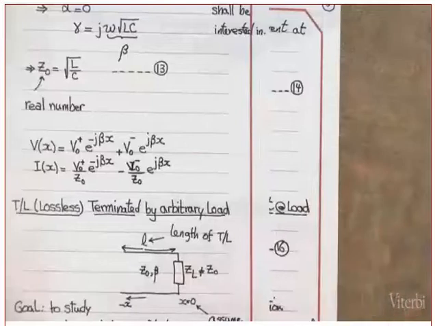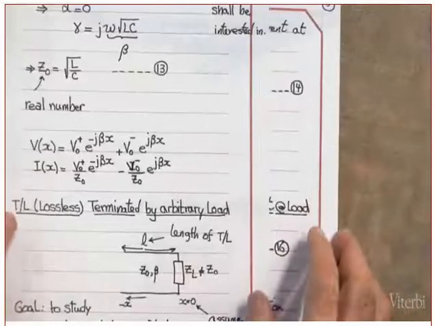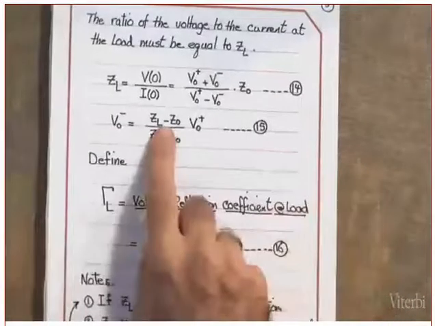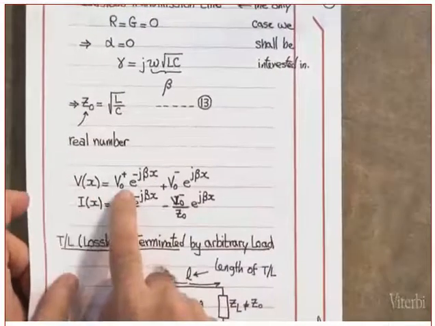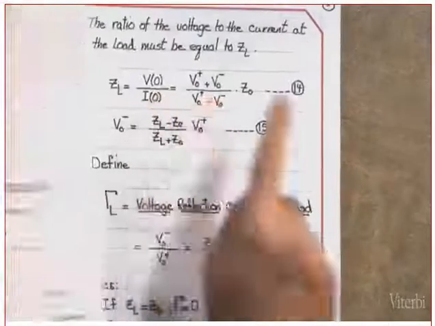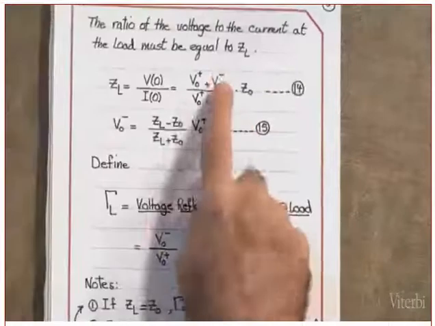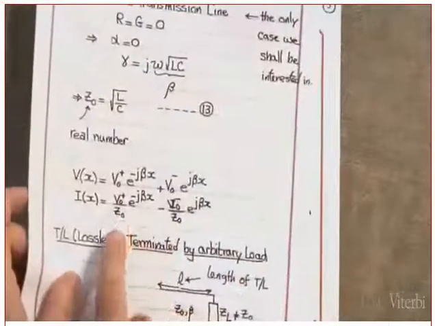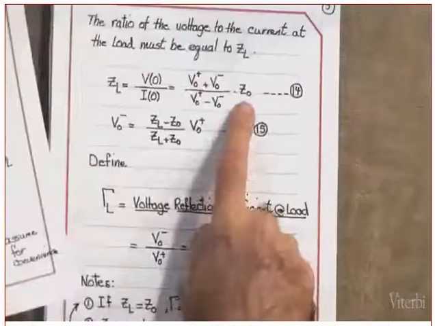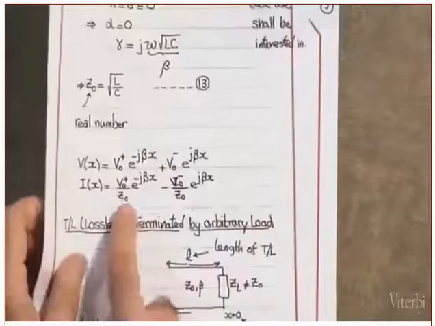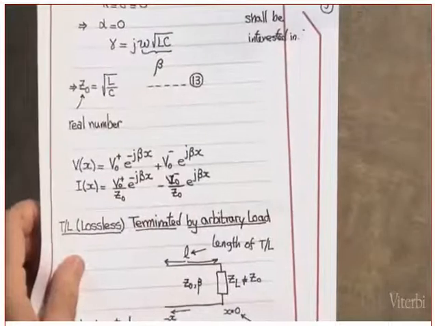That's Ohm's law. So I plug in x equal to 0. The voltage is V0 plus V0 minus, divided by the current, V0 plus minus V0 minus, with Z naught in the numerator.